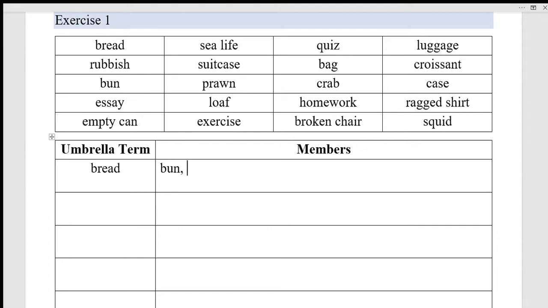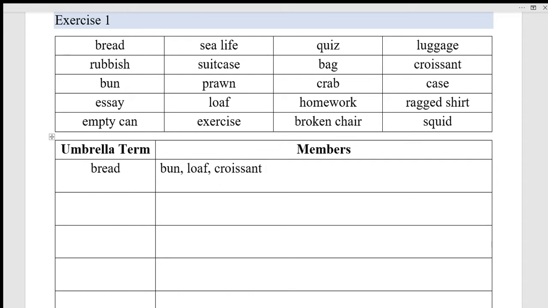A loaf. Loaf maksudnya roti panjang, okay? Macam gardenia. Yang kita potong, yang panjang itu, that is loaf, okay? Or croissant, alright? Croissant. Okay. Or croissant, it's also countable. So we can say a bun, a loaf, a croissant.